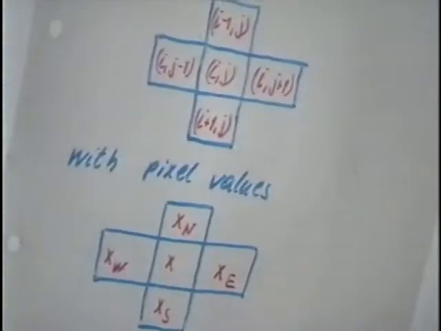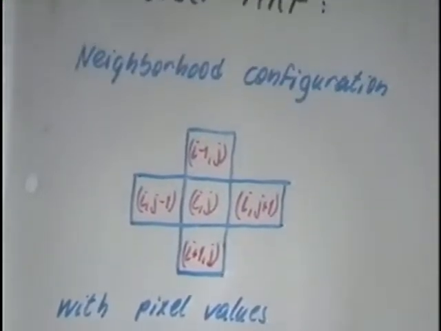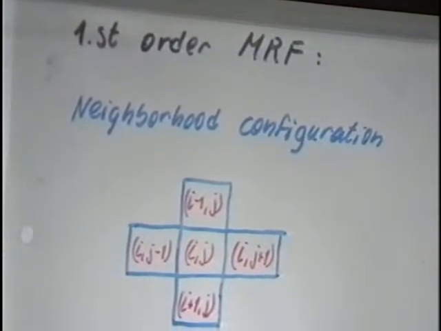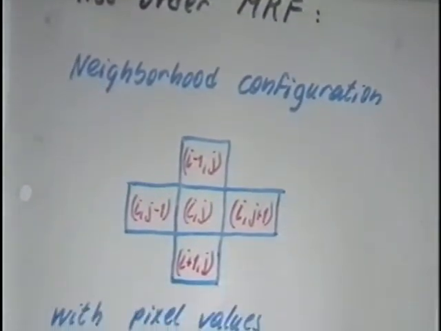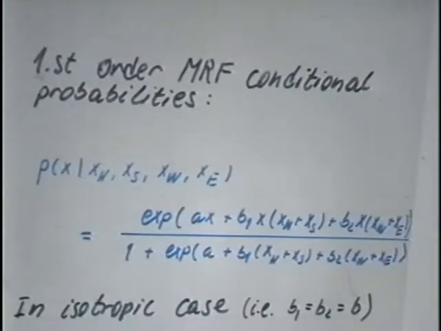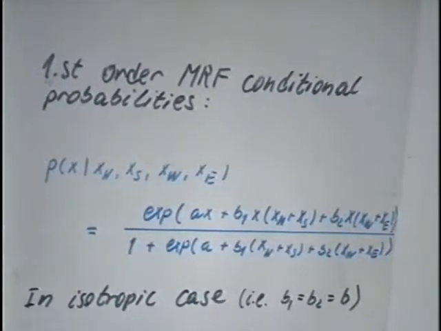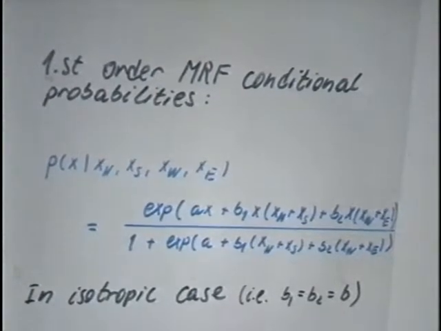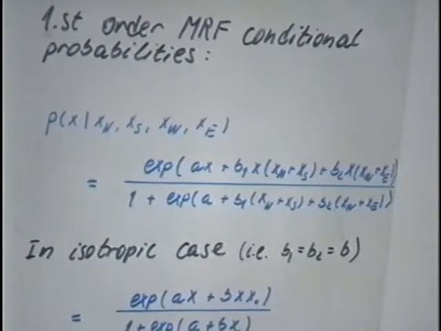At first order, a Markovian random field has simply this neighborhood structure. You're having the north, south, and east, west neighbors, and with those neighbors, you get easily the conditional probabilities. They will follow that law there, and that is very easy to compute, and you may very easily simulate images following this type of model.